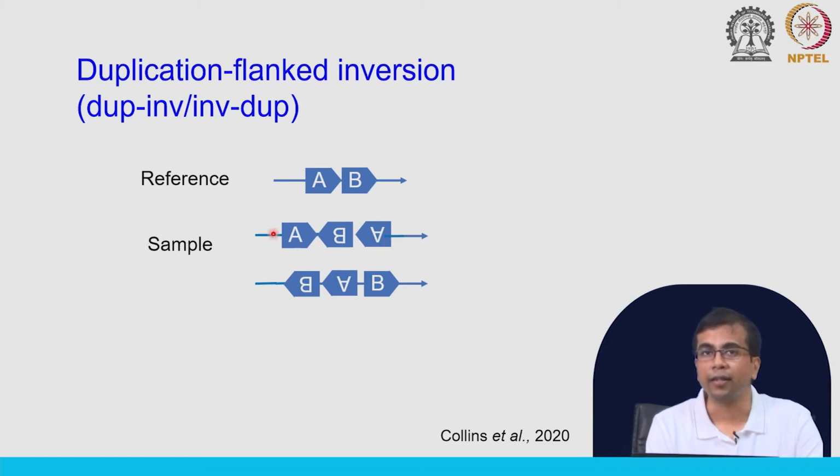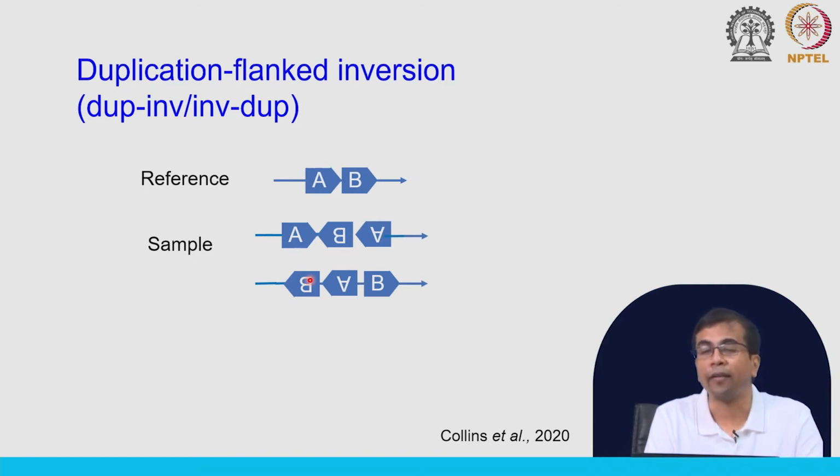In this case the region A is duplicated and the AB region is inverted, and in this lower case here you have region B amplified or duplicated and this AB region inverted. Okay. So, you have 2 events now, duplication and inversion here. All right. So, there are different types of SVs, and you can probably find other types of SVs as well if we look for them in the human genomes.